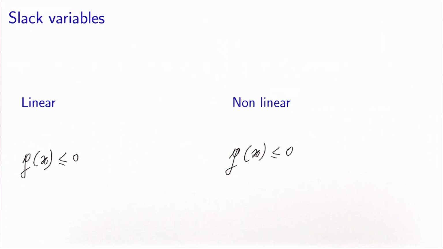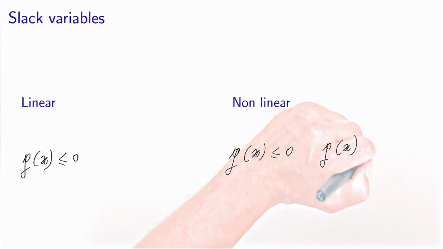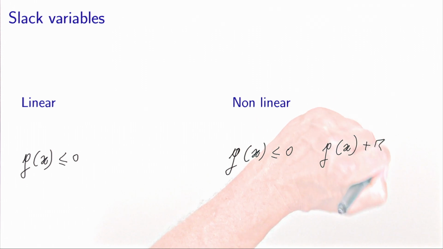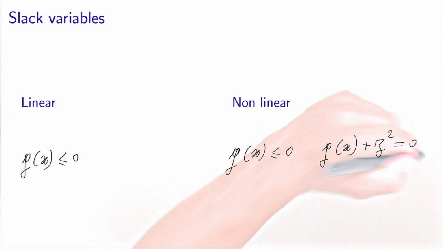The idea is to include a variable which is called a slack. The slack will measure the distance between the value of g of x and 0, which is the maximum value that this g of x can take. And so we will write this. So we will include this variable z that will represent this distance, but z must be positive, so we square it.